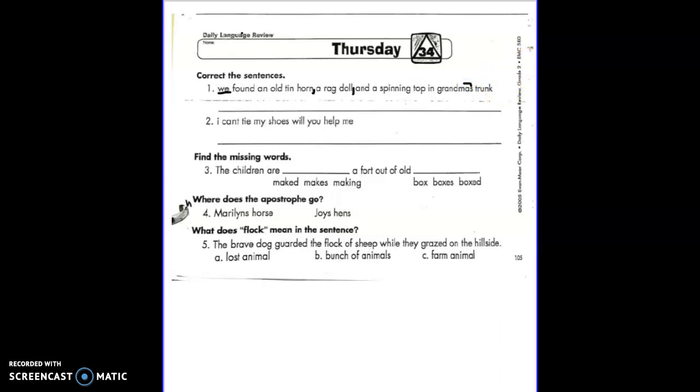So it should look like: We found an old tin horn, comma, a rag doll, comma, and a spinning top, and Grandma should be capitalized. Missed that. Trunk.